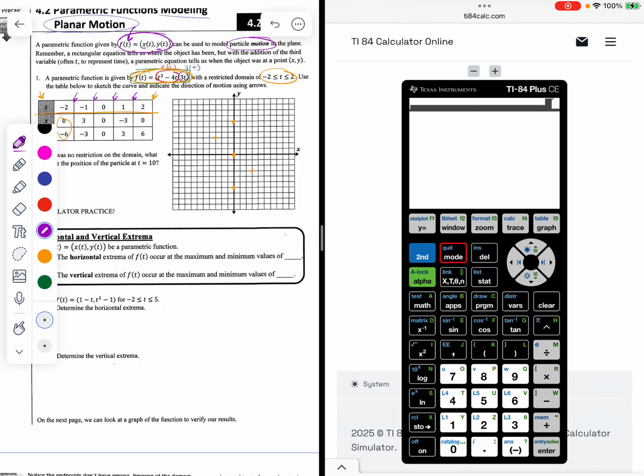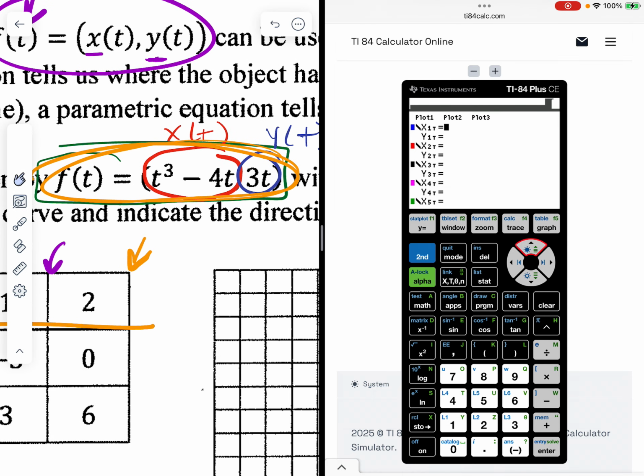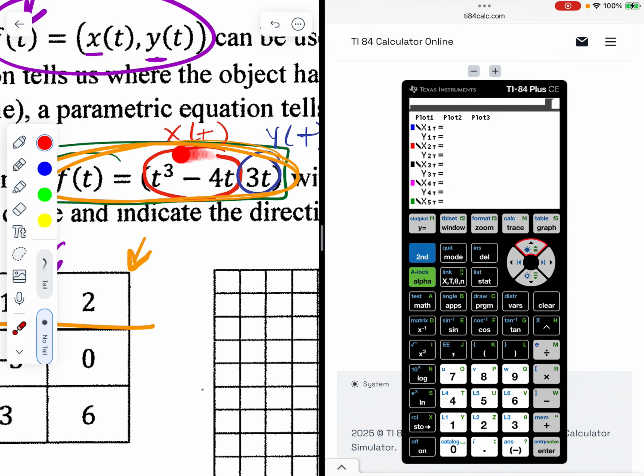Now hit your y equals key, and this will ask what kind of parametric equation you want to input. Let's look at this one again. This is our first equation, where t cubed minus 4t is your x of t.